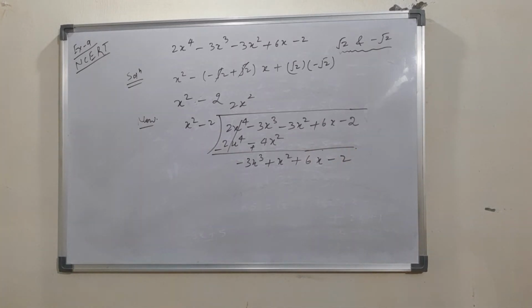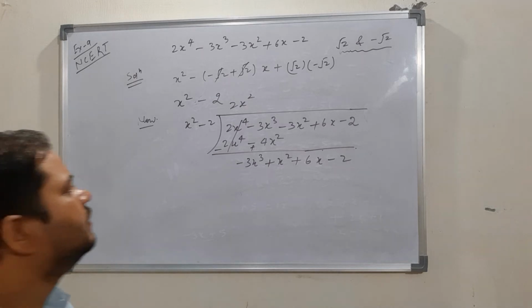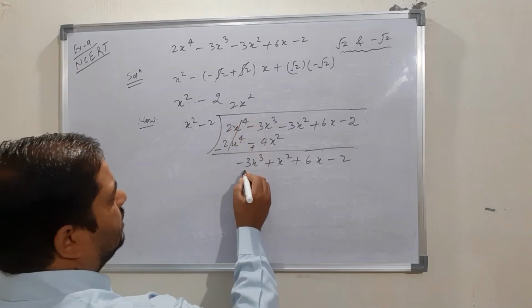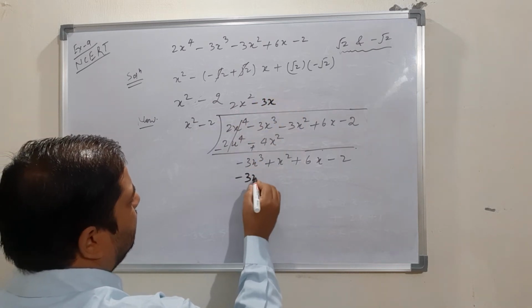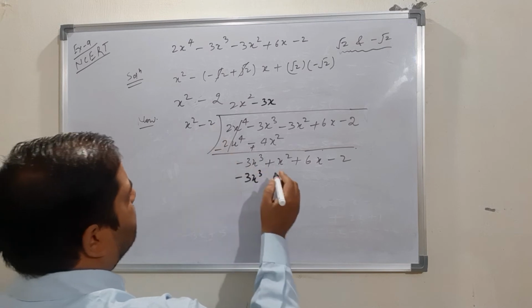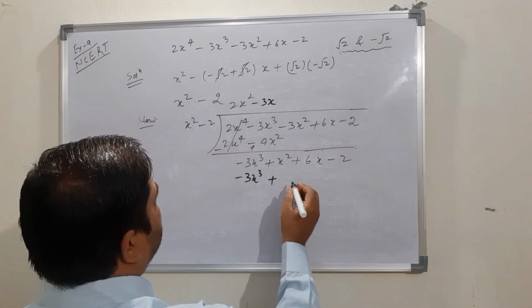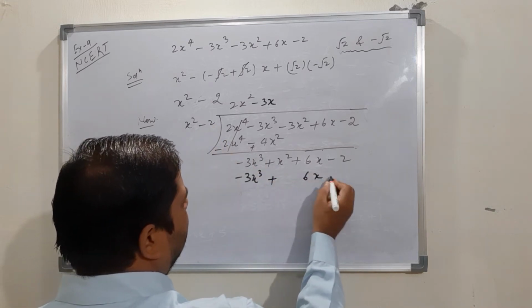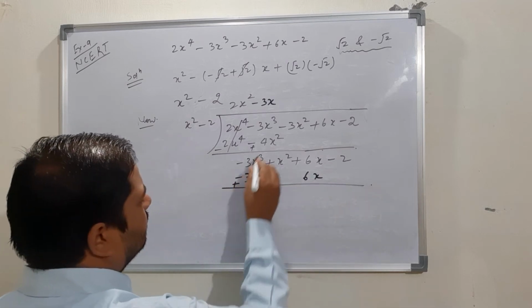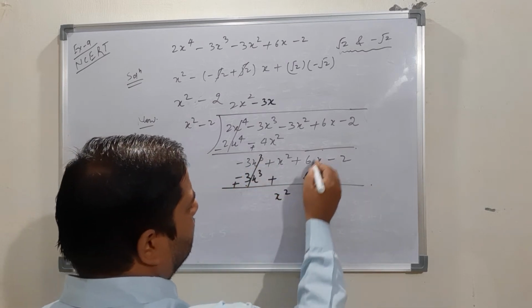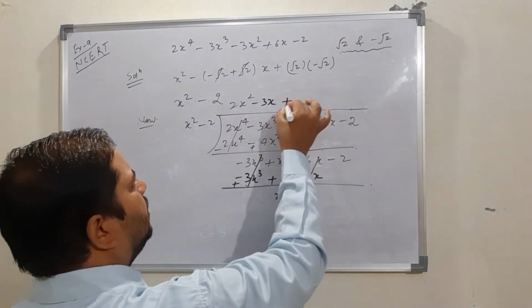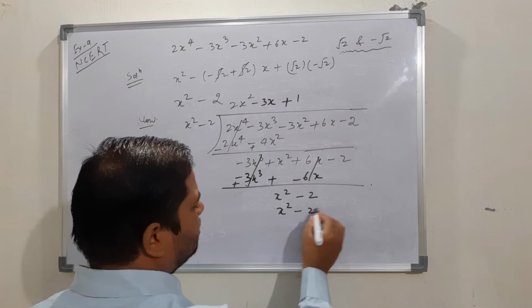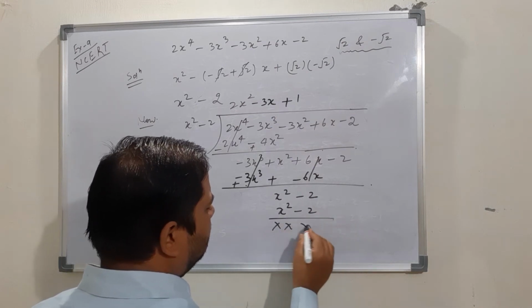Now for minus 3x cube we take minus 3x, giving minus 3x cube plus 6x. So this becomes x square minus 2. Now plus 1, this again is x square minus 2, so this cancels out.